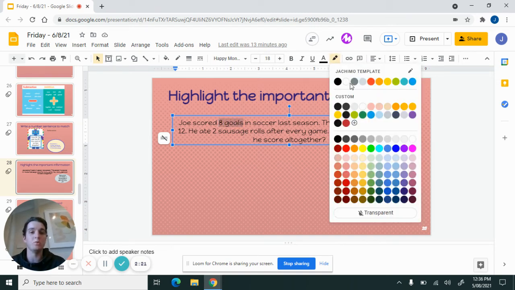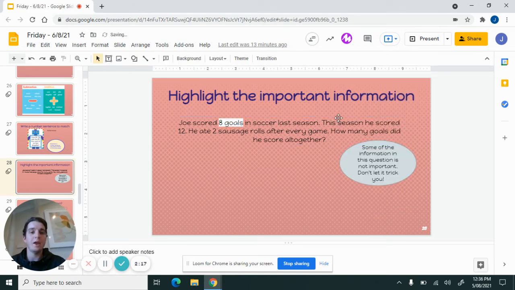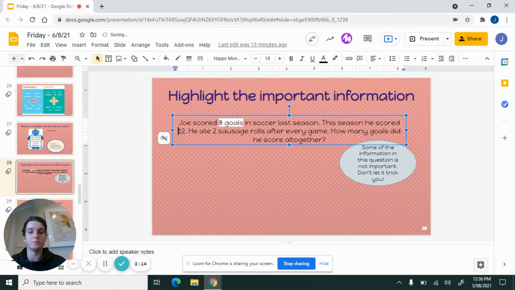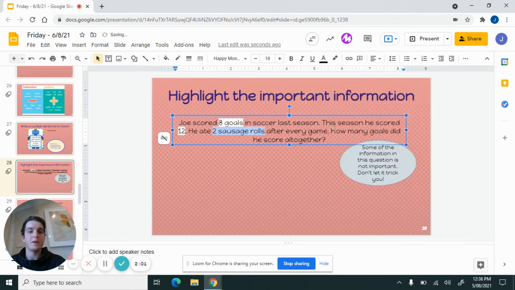I'm going to just do white. And this season he scored 12. He ate 2 sausage rolls. So I'm going to highlight that, but we'll come back to it in a minute. How many goals did he score altogether? So that altogether is important.